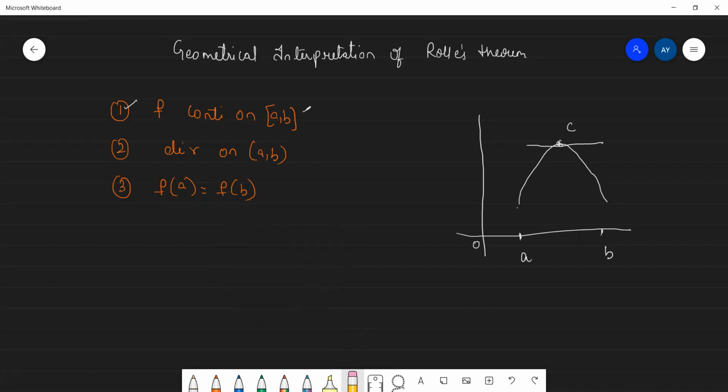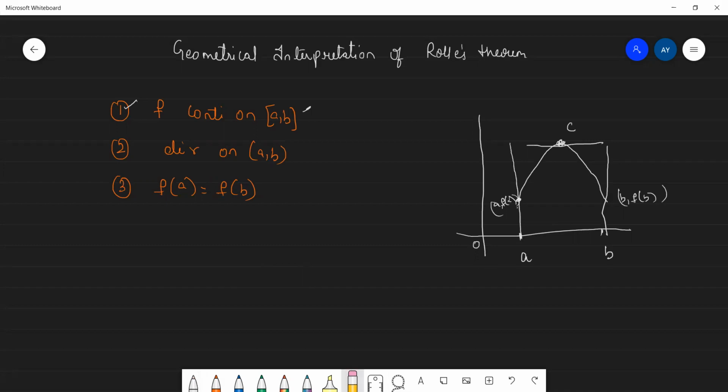Because it cannot be derivable on the closed interval. So it will be derivable on the open interval (a, b). So this point, I'm just drawing a line over here. And this point will be (a, f(a)). And this point will be (b, f(b)). And this is a tangent of the curve that is parallel to the x-axis.